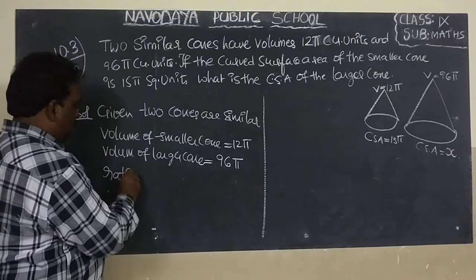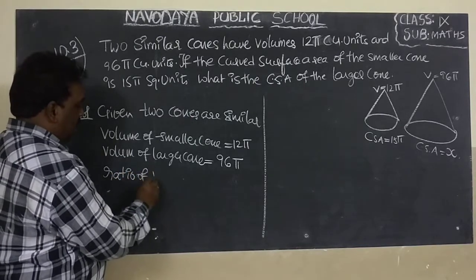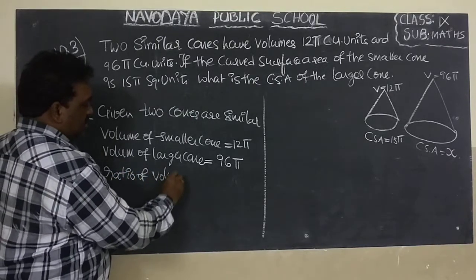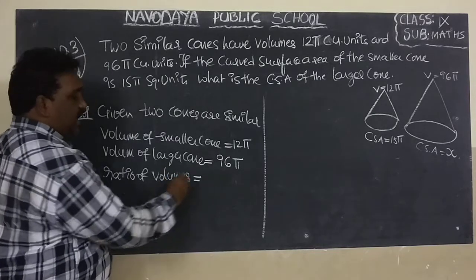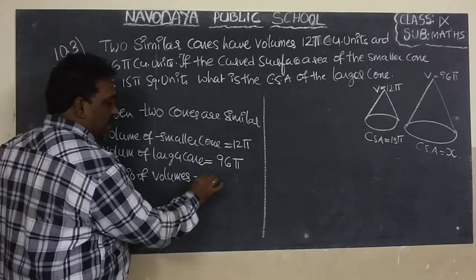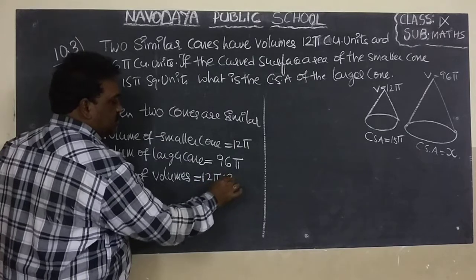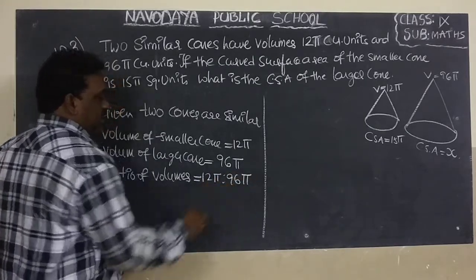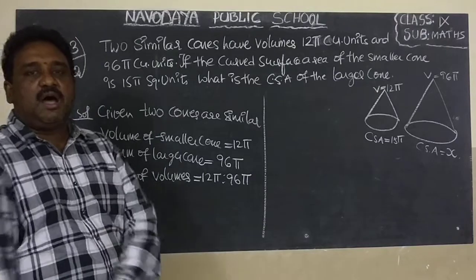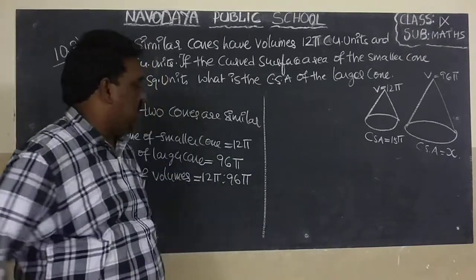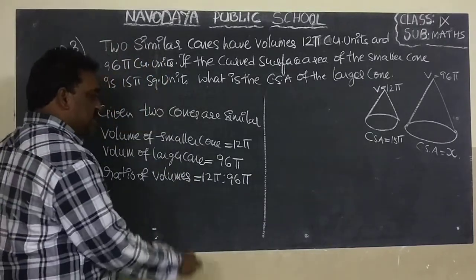Then ratio of volumes. Ratio of volumes 12 pi is to 96 pi. Do cancellation.